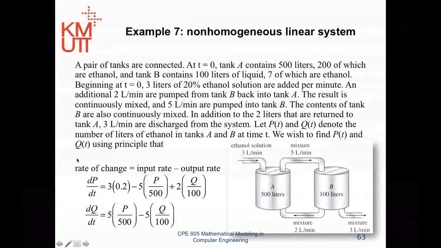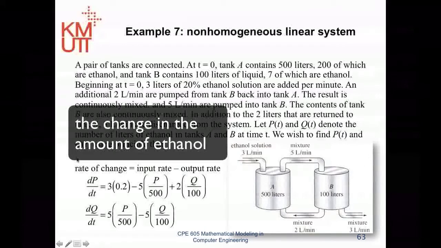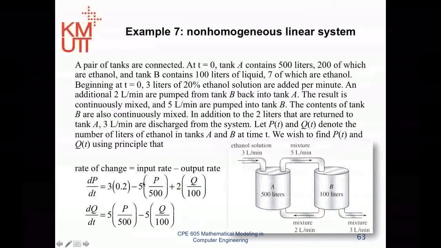So dP/dt would be the change in the amount of ethanol in tank A. It equals the input rate, which is from the external source here, 3 times 20% ethanol, minus the flow from tank A to tank B, minus 5P over 500, the density of the ethanol solution, plus 2 liters flowing into tank A from tank B, which is Q over 100, the density of ethanol in tank B.